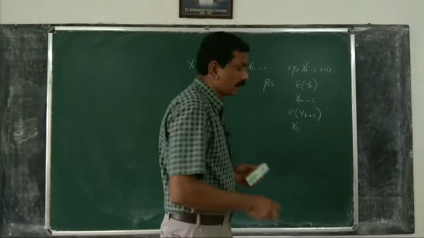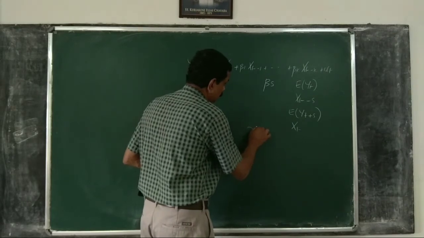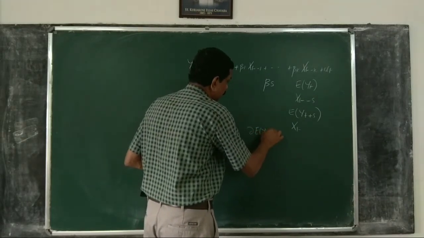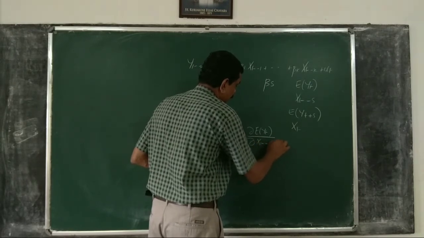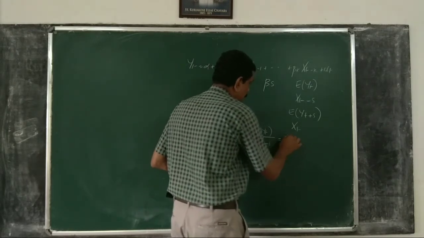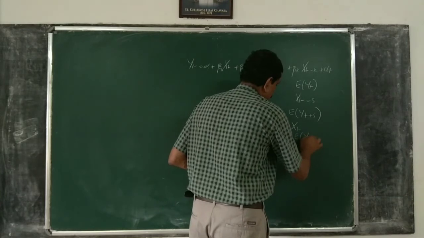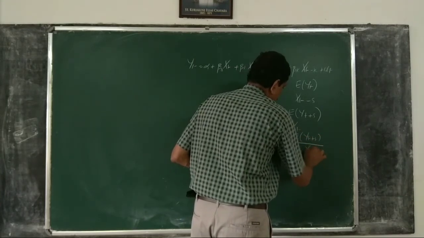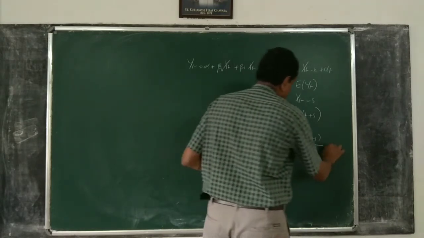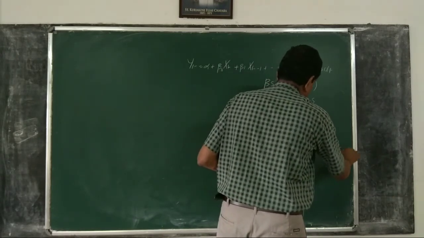That is, ∂E(yt)/∂x(t−s) is equal to ∂E(y(t+s))/∂xt, which is equal to beta s.